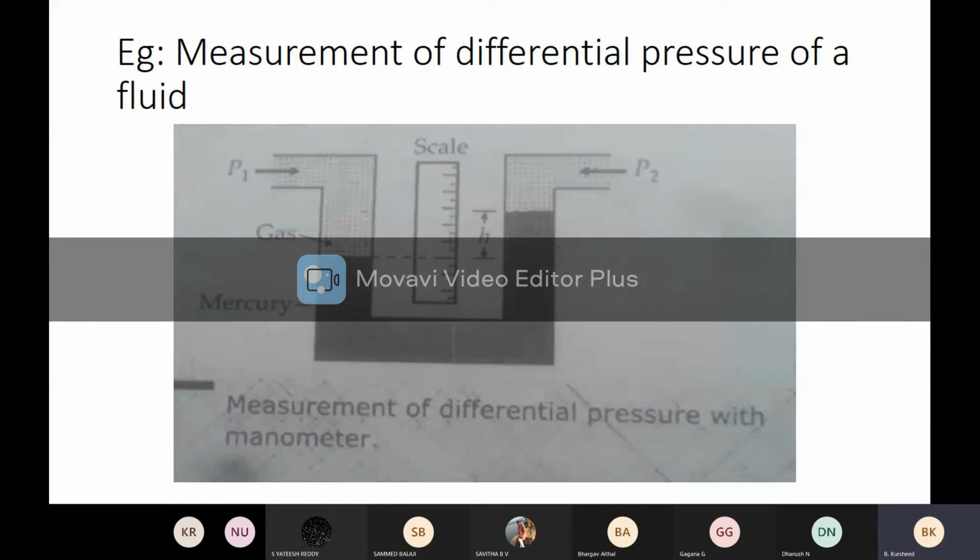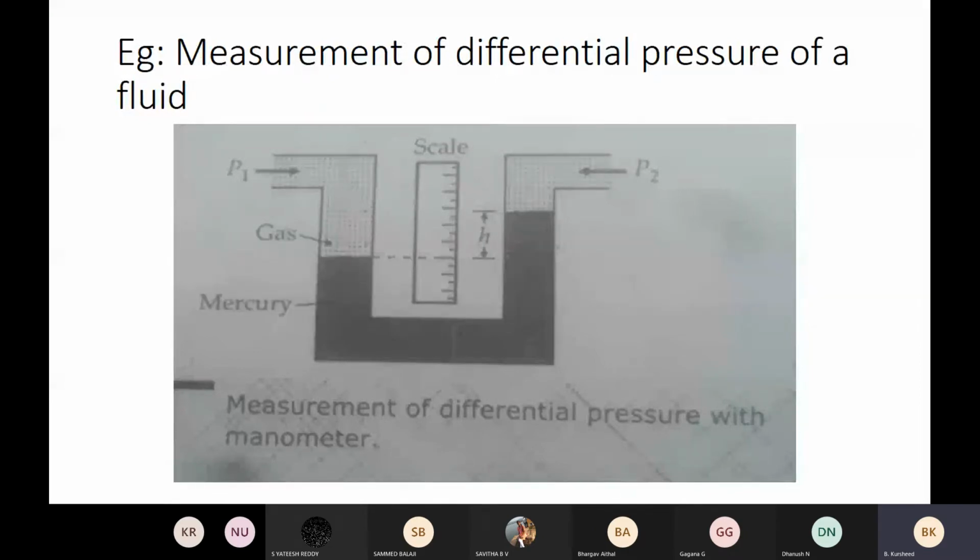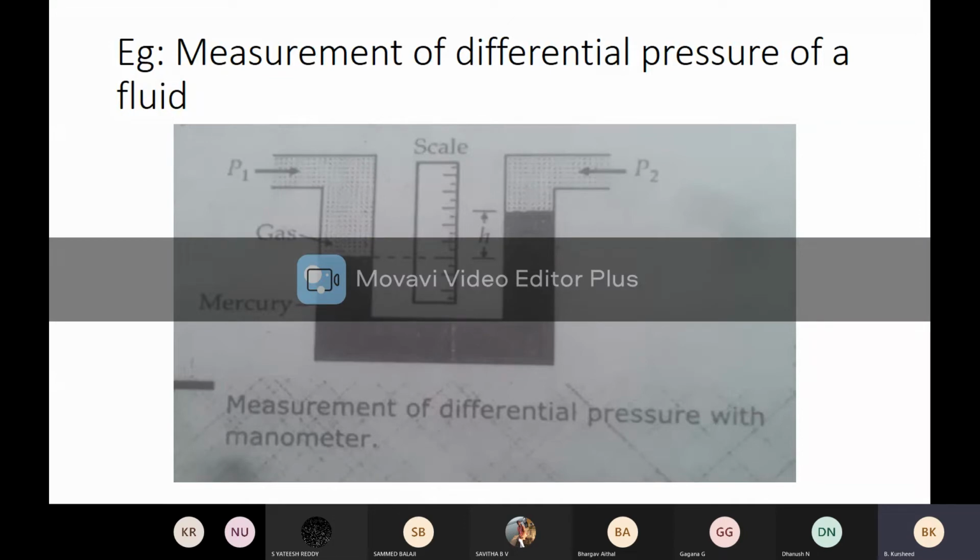When P1 equals P2, the differential pressure is 0, and therefore the output, the scale reading H, should be 0. However, there are cases when the scale reading H is not 0 even though P1 and P2 are equal.